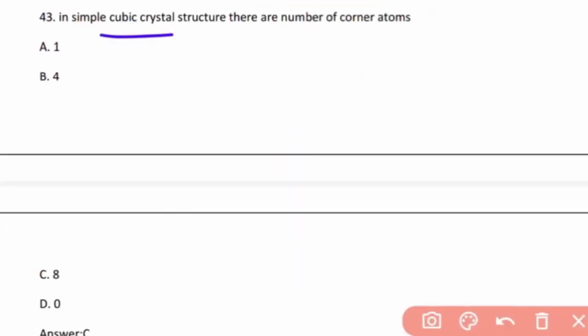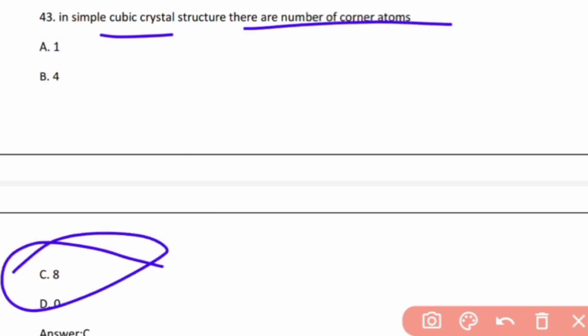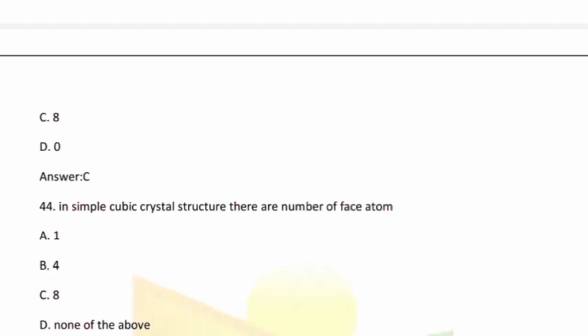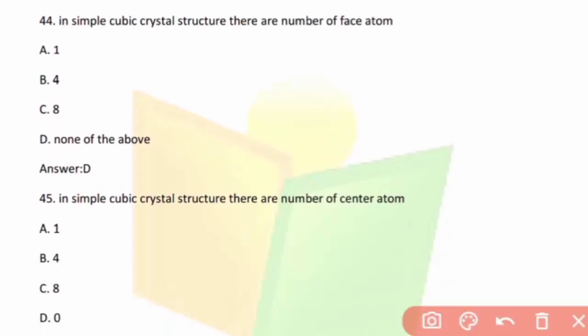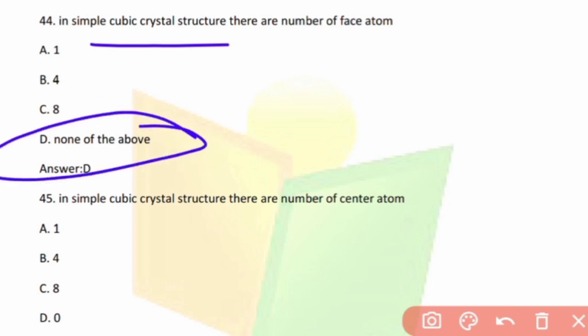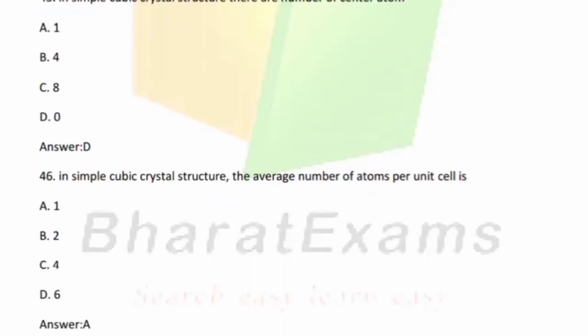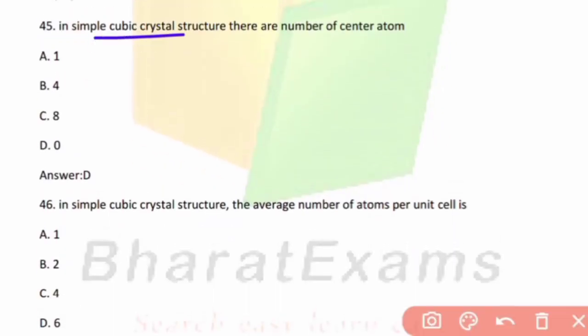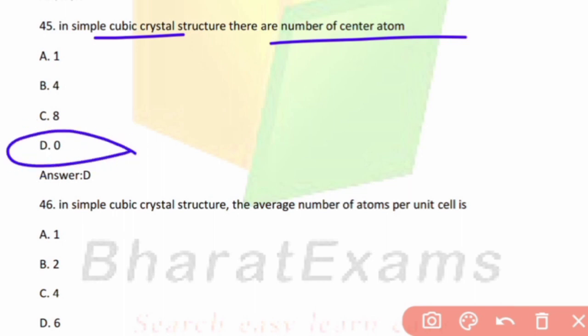In a simple cubic crystal structure, the number of corner atoms is 8. The number of face atoms is none of the above. The number of center atoms is option D, 0.